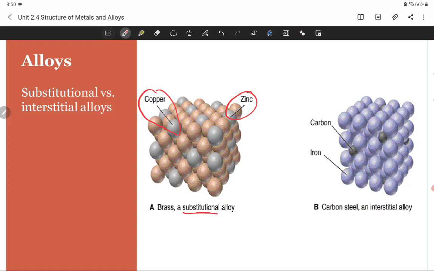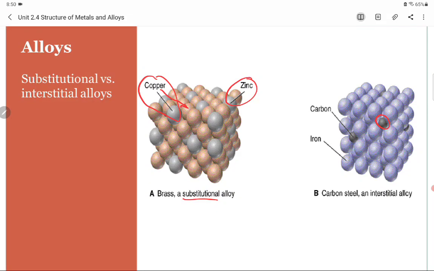Let's make the copper these ones. Just the fact that you're taking some of one atom out and adding another atom in, and they're about the same size, that's substitutional. And then interstitial, as you can see, the carbons are much smaller, and they can fit in between where the irons are. So I'd say that probably would be maybe one multiple choice question.